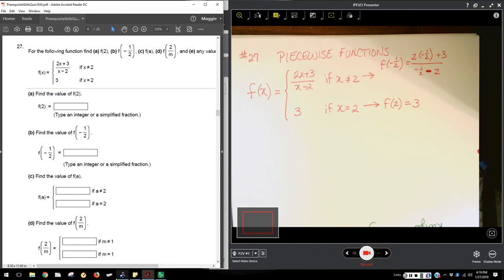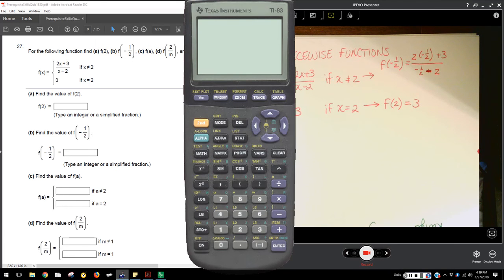And since I don't like to do fractions either, I'm going to type in 2 times negative 1/2 plus 3 divided by negative 1/2 minus 2.